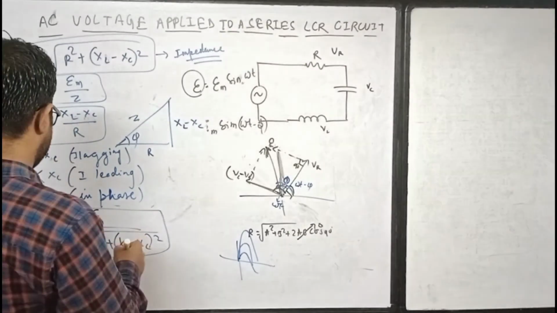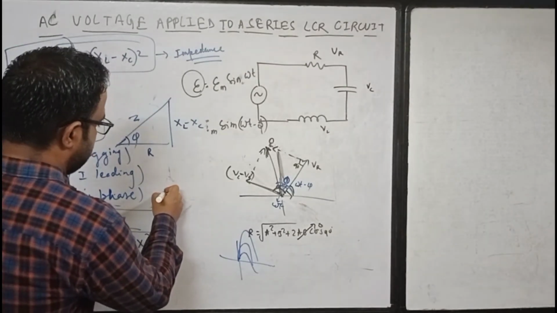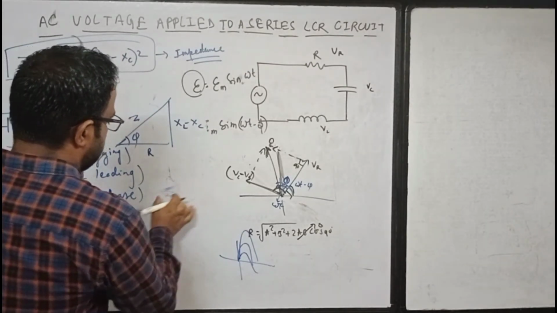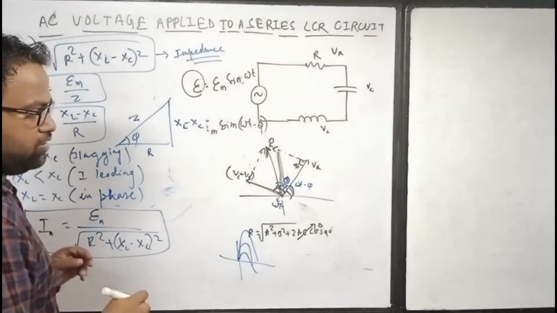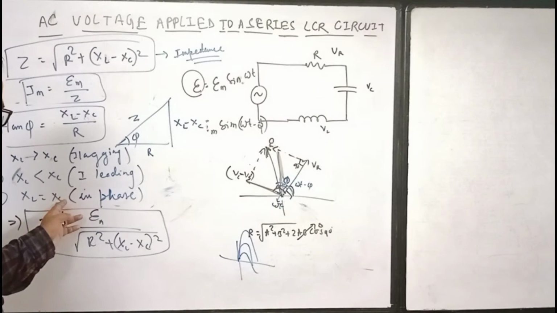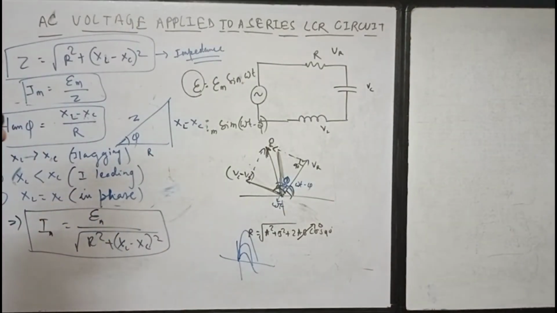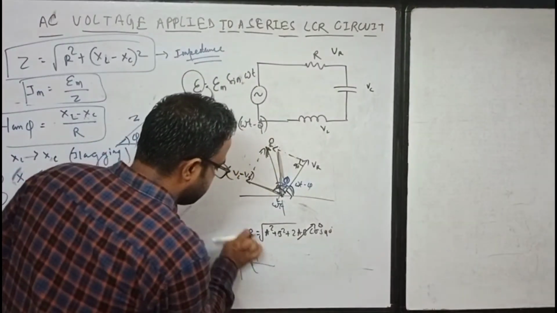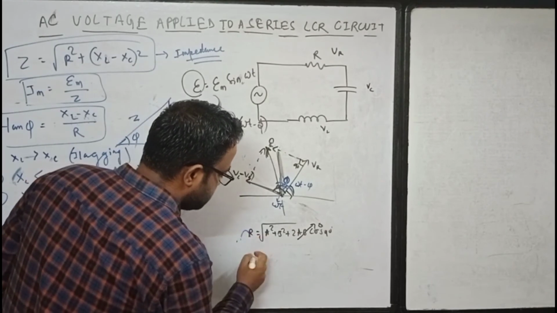And XL is what? XL is inductive reactance and XC is capacitive reactance. What are XL and XC? You should remember this.